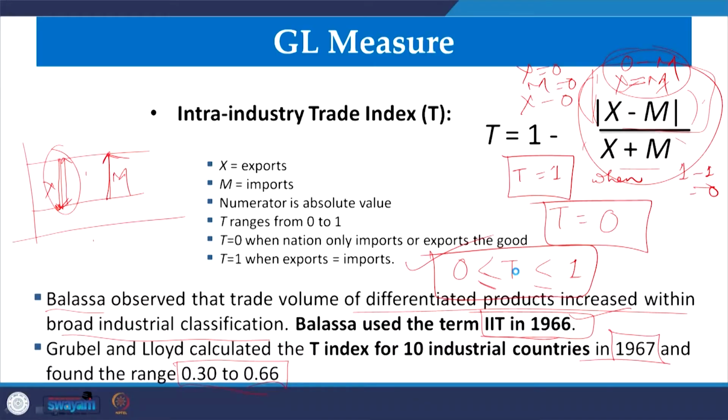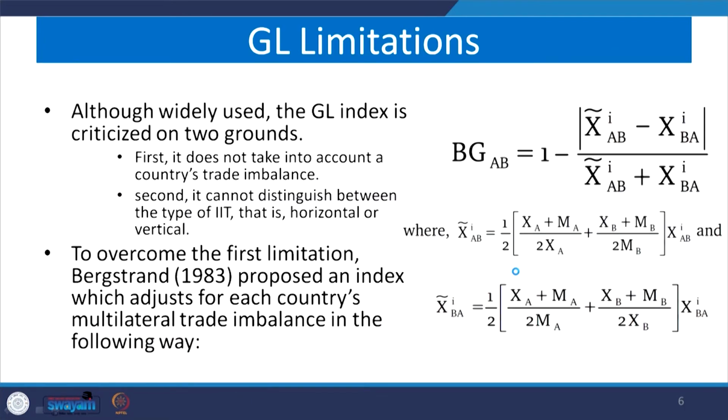What we said here is that we simply try to find out the trade balance, x minus m. We do not actually attach the trade imbalances. So, the first limitation is that it does not take into account a country's trade imbalance. So, how can we emphasize if there is any possibility of trade imbalance? If trade imbalance, what do you mean by this?